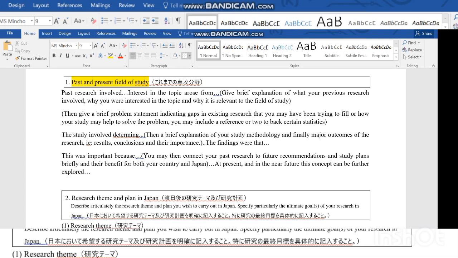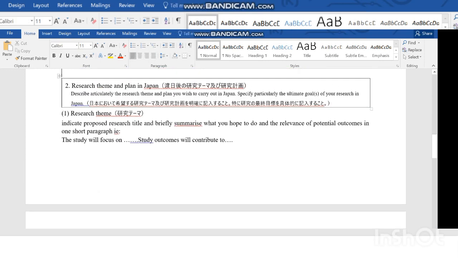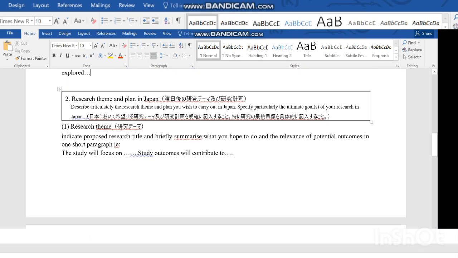Then here is just an example sentence. For example, at present and in the near future, this concept can further be explored, and you include some of your future recommendations and study plans. I thought it would be nice to conclude the past and present field of study in such a way, because then the story will flow nicely into the second part, because on question number 2, they ask for the research theme and plan in Japan.